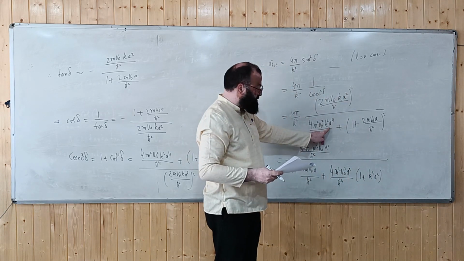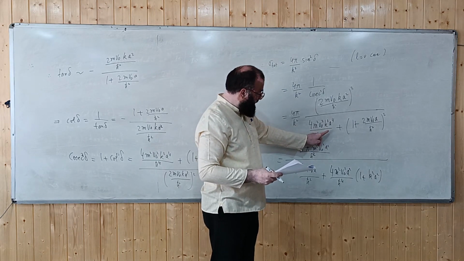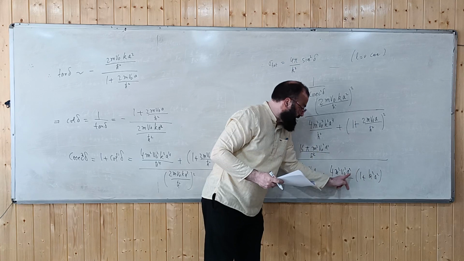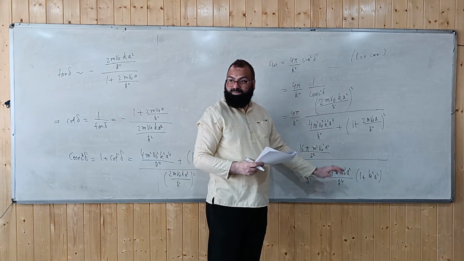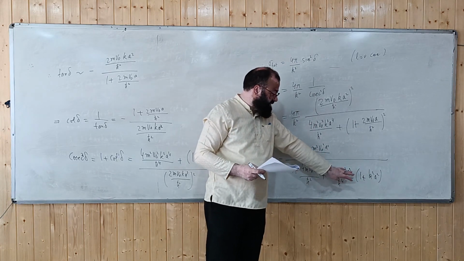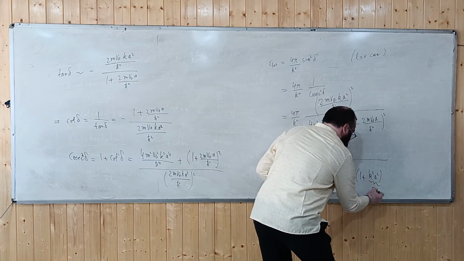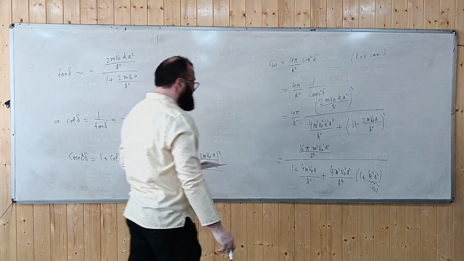So I have taken k square a square common, it is k square a raised to the power 4. Got it? Why do I want it in this form? Because ka is small. So this is a small quantity, it's less than 1. You can ignore it.